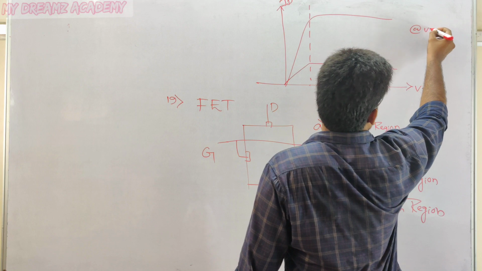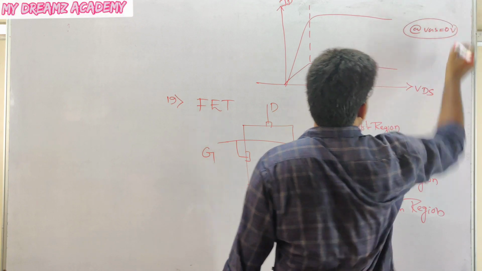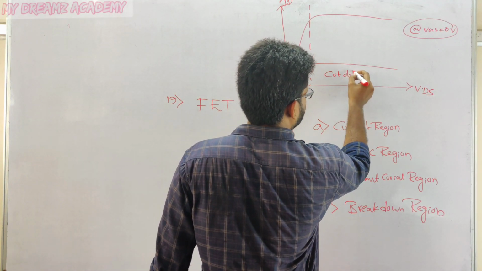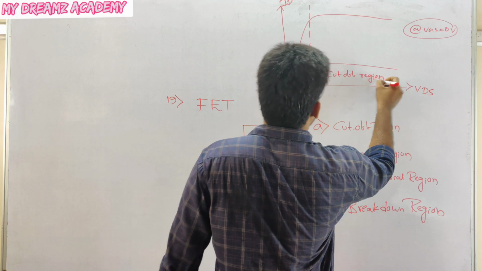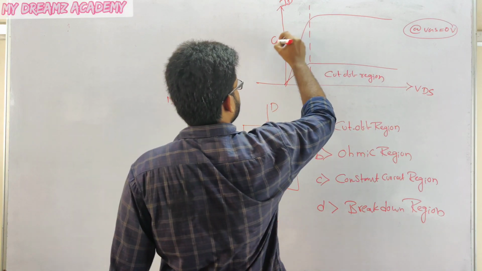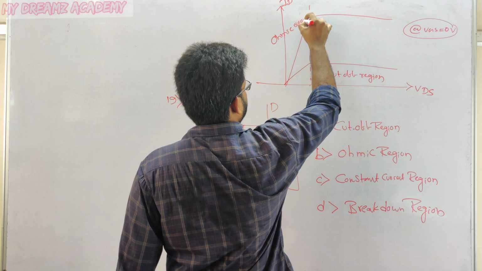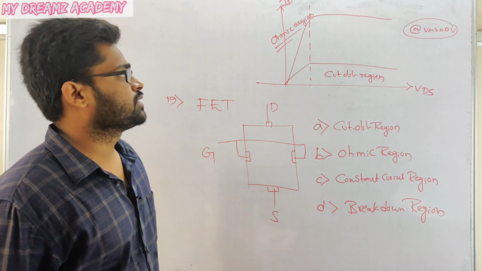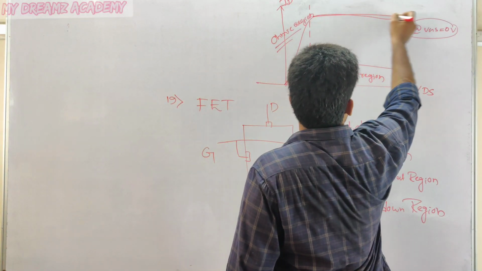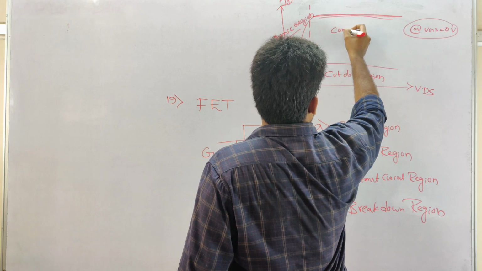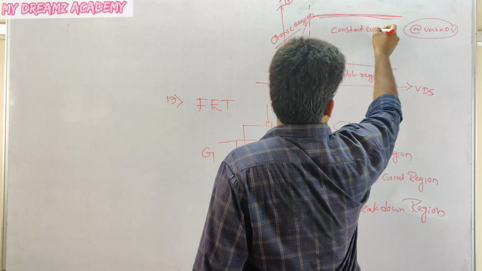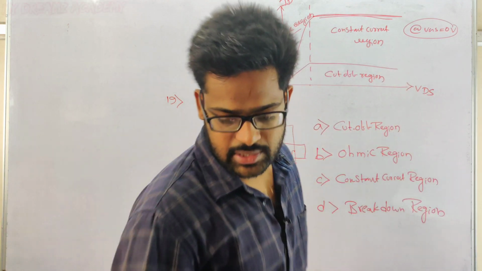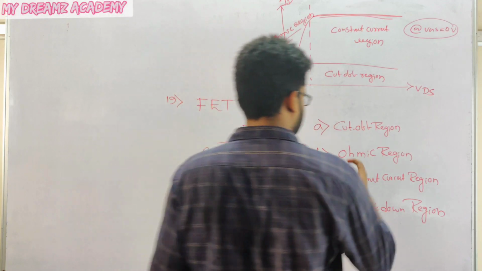At VGS equals 0 volts, this range is the cutoff region, and this one is the ohmic region. In this range, the resistance of the FET is not constant, and in this range it is the constant current region. Another name of constant current region is saturation.